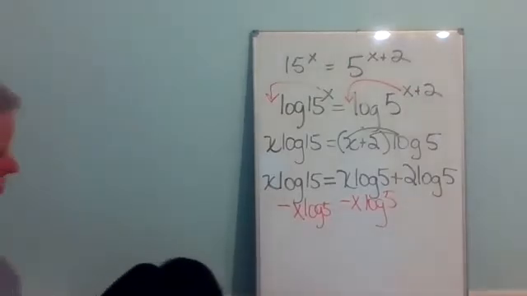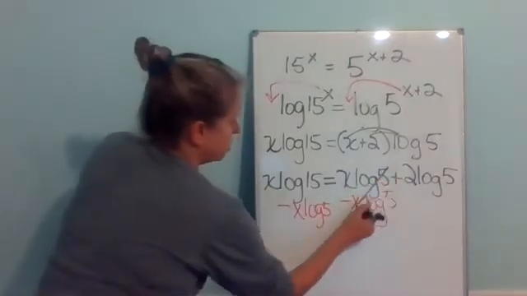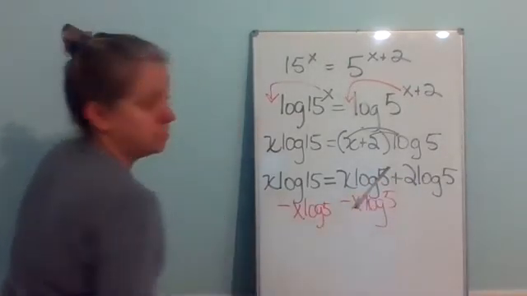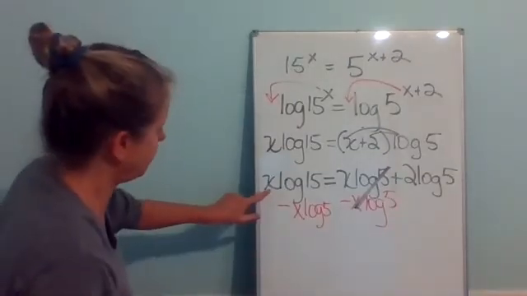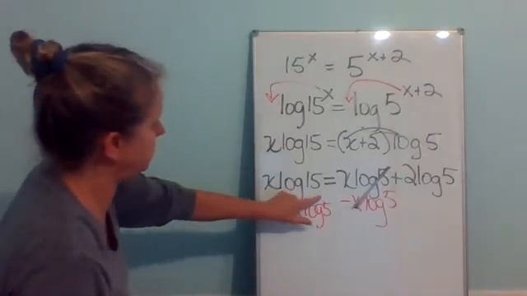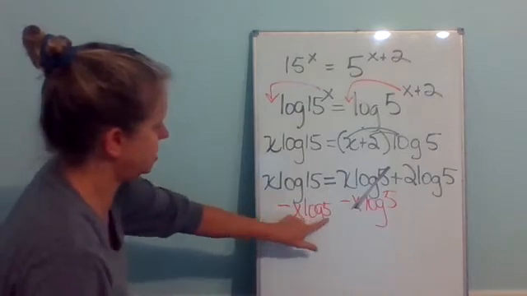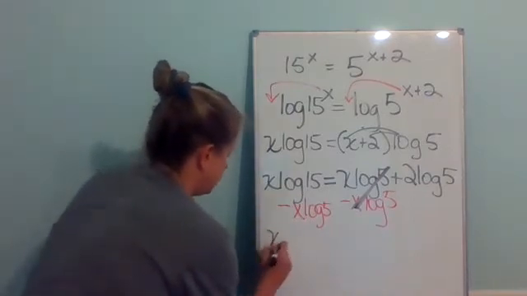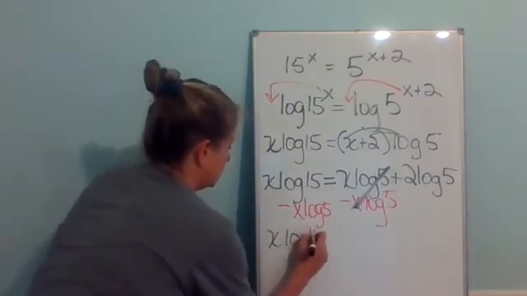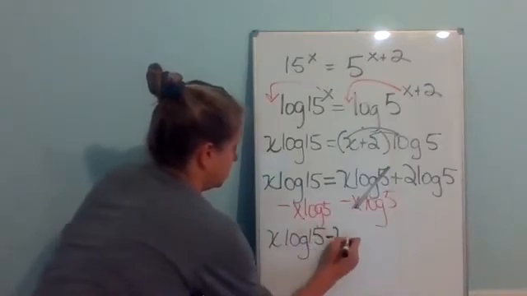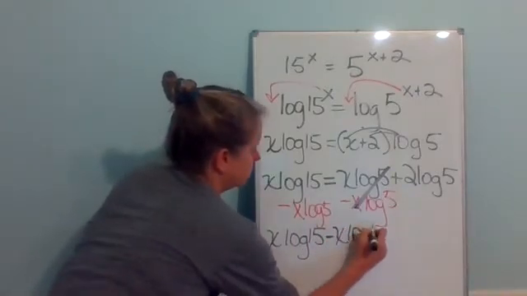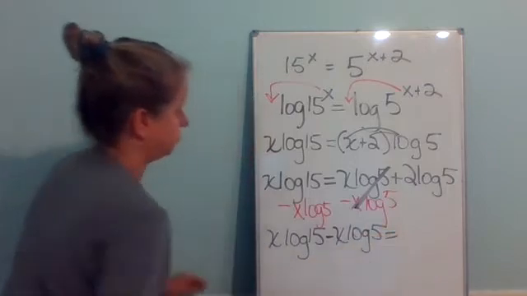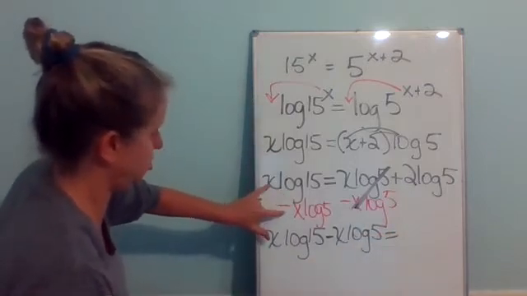So now, it'll cancel on the right. On the left, I'm just going to have this x log 15 minus x log 5. So again, these are just two separate terms.